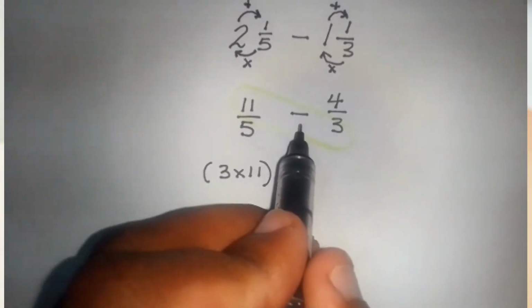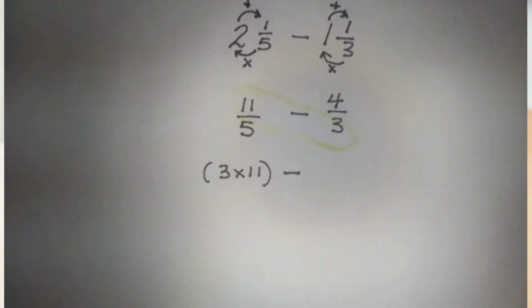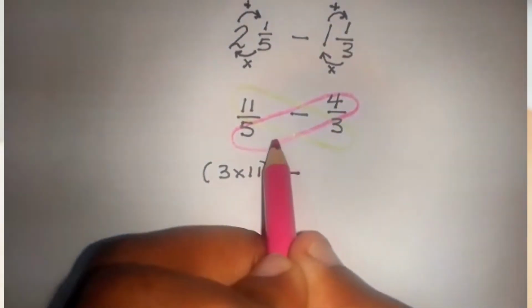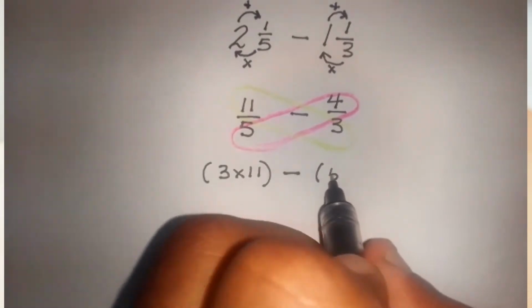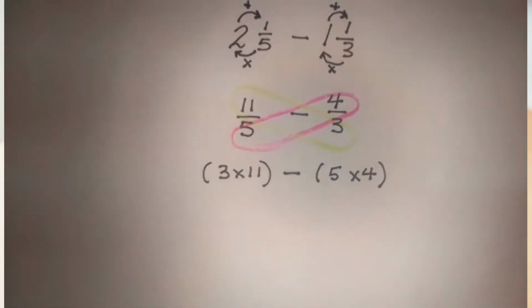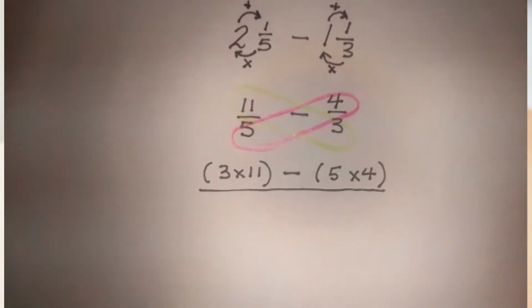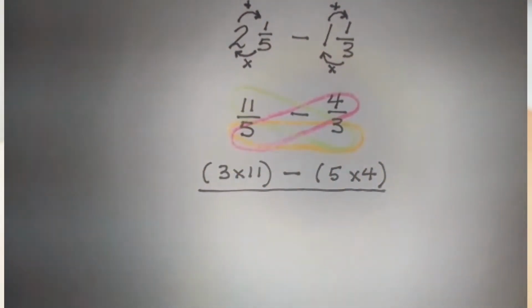And because there's this big subtraction sign, I'm going to put back a big subtraction sign. And then I have 5 and this 4, so I'm going to write 5 times 4. That will give me my numerator. To get my new denominator, I'm going to do 5 times 3.